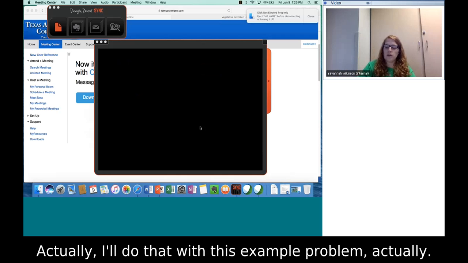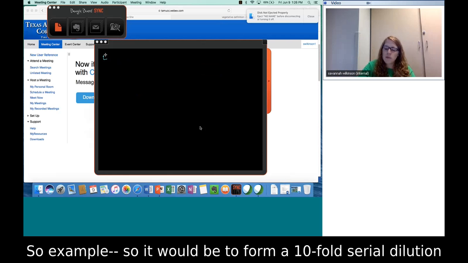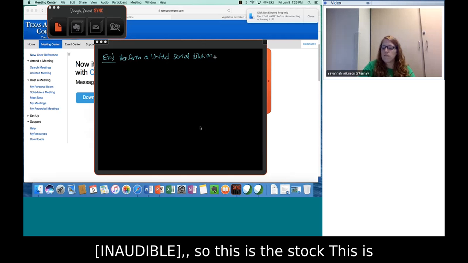I'll do that with this problem. So, example: perform a tenfold serial dilution. Okay.